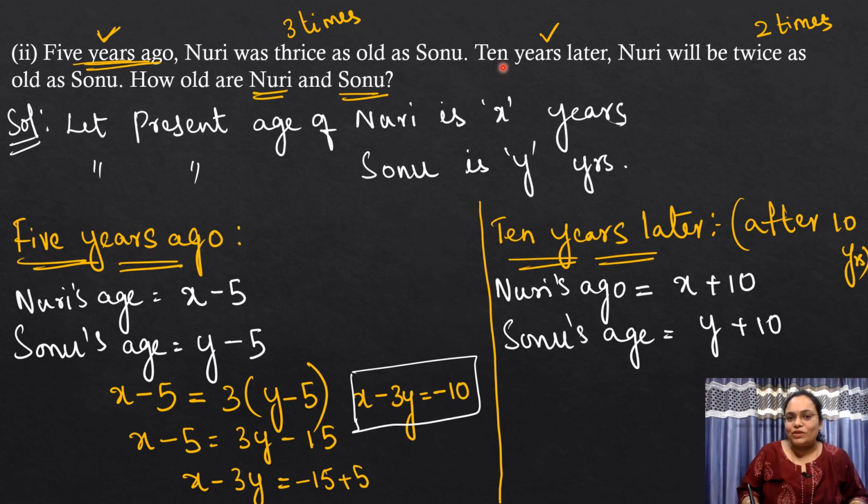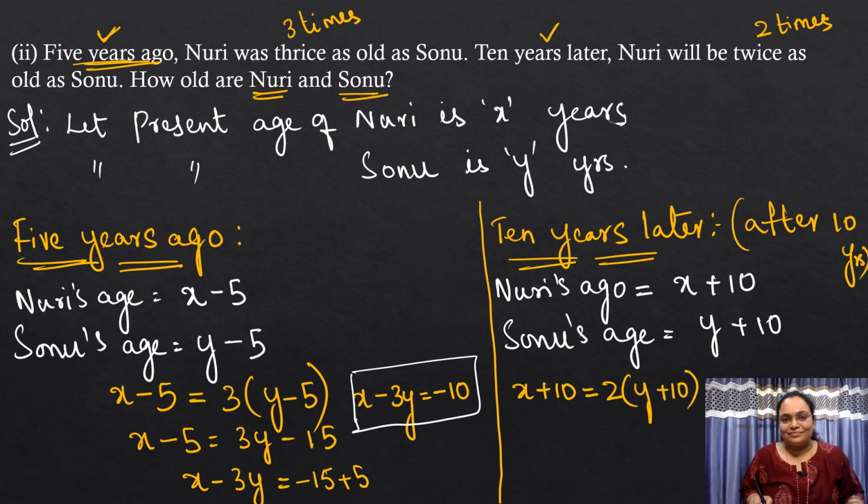So see the question. 10 years later, Noori will be twice as old as Sonu. So x plus 10 is equal to 2 into Sonu's age, y plus 10. From here let us simplify it. x plus 10 is equal to 2y plus 20.